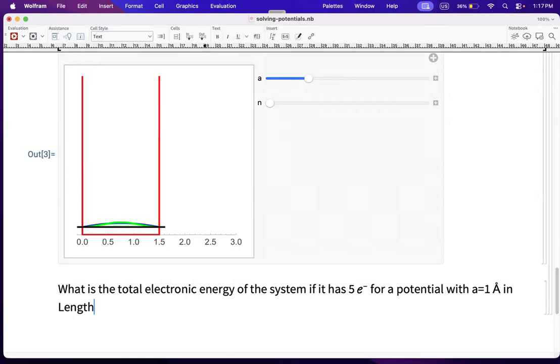Kinetic energy multiplied by 5 K. I have 5 electrons, so what will be the total energy of the system? Yes, it's correct what Flora says. Here, since we have the potential well, the electrons only have kinetic energy. But how much kinetic energy is the total energy?